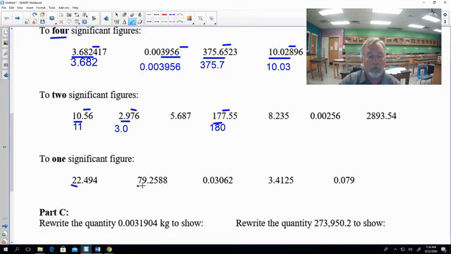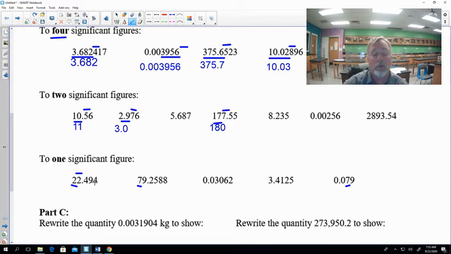If I make the line too short, it doesn't like it. Let's do this one. Okay, so now we've got our sig figs that we want to keep. We're only keeping 1, so we're going to look at this next digit here.